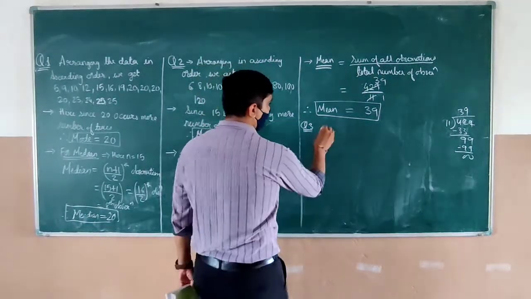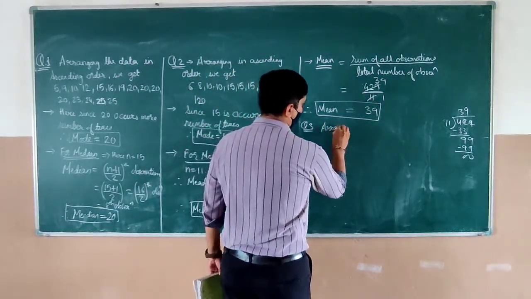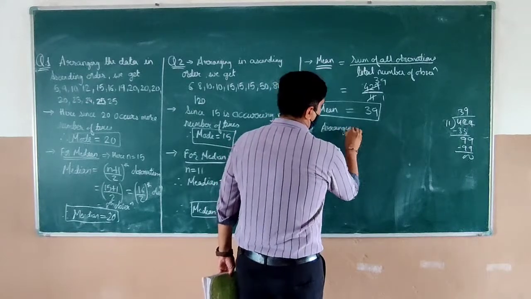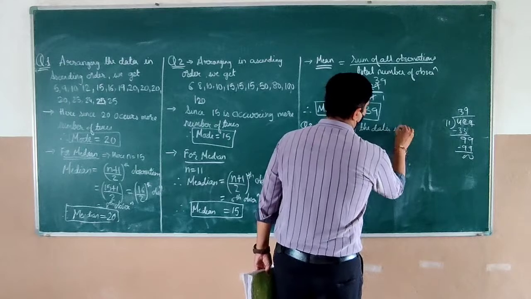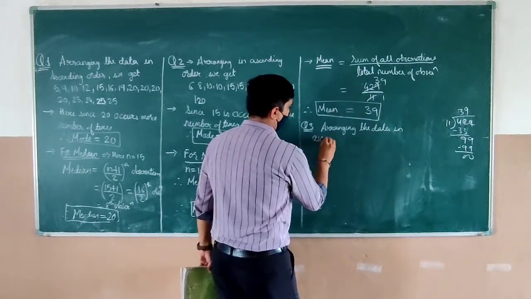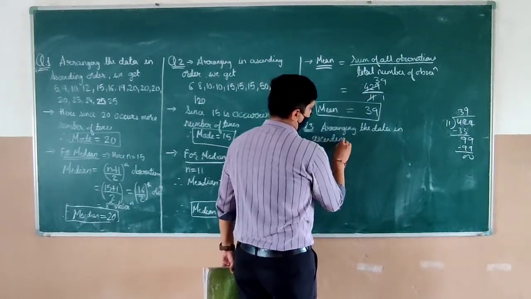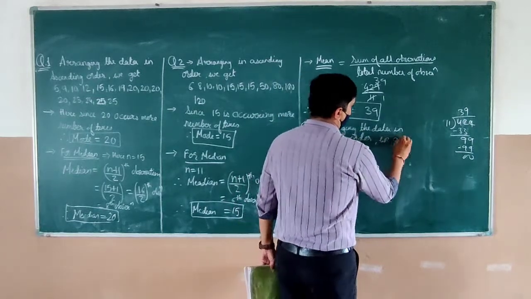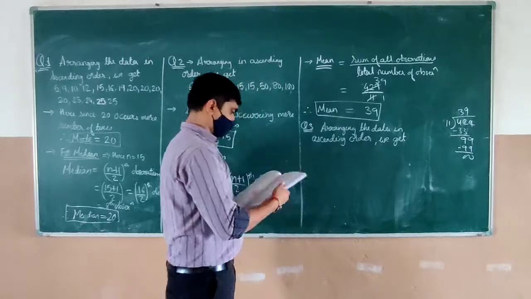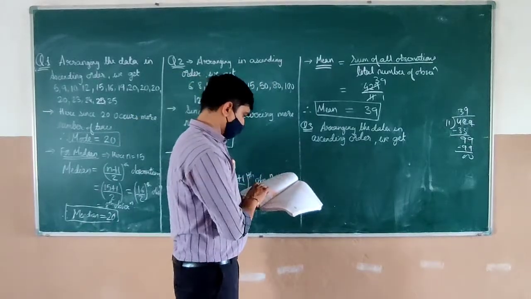So what will we do? Arranging the data in ascending order, we get, which is the smallest number? 32.